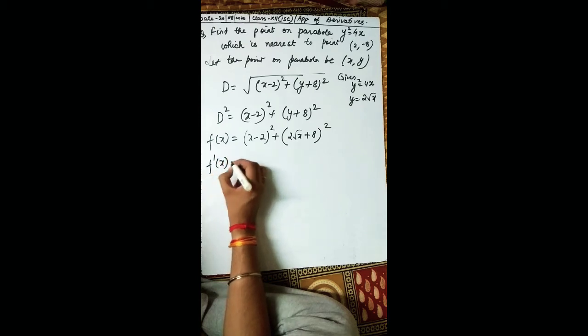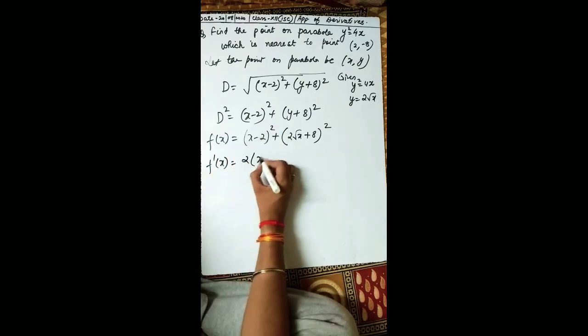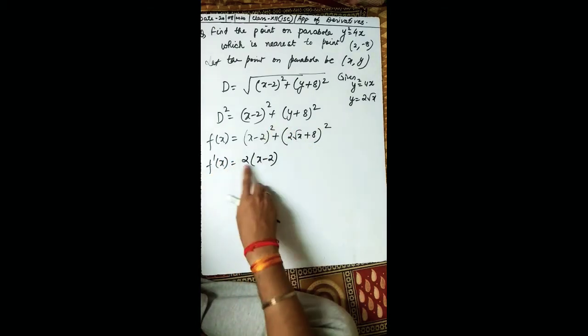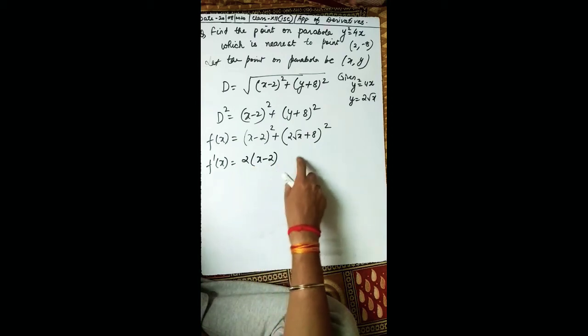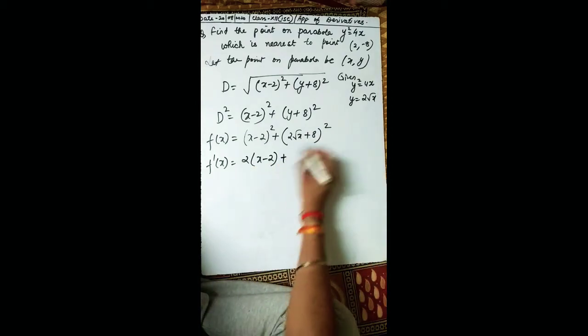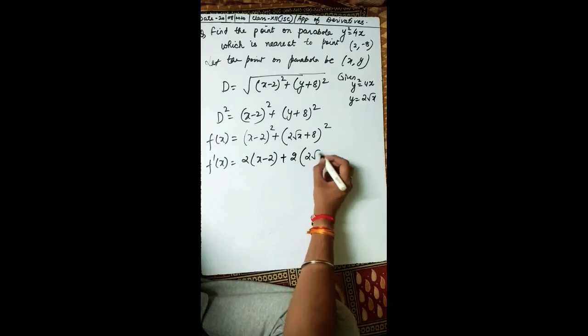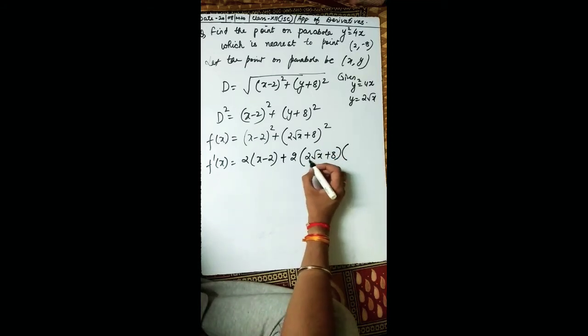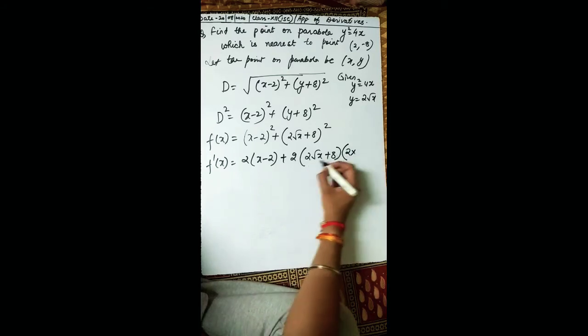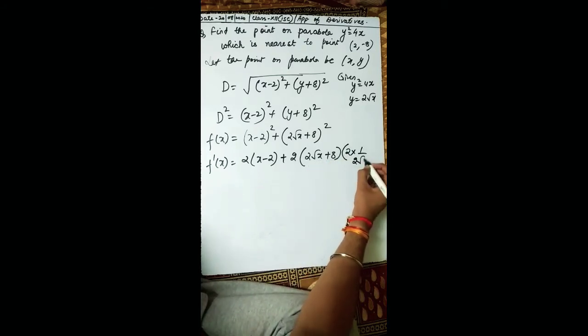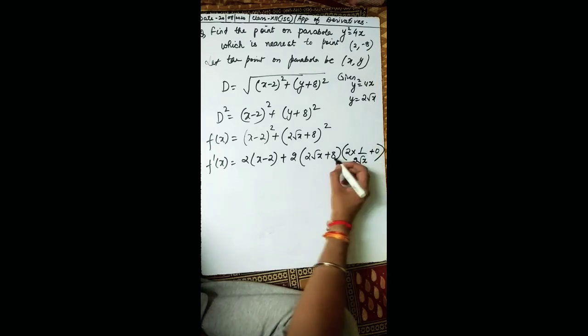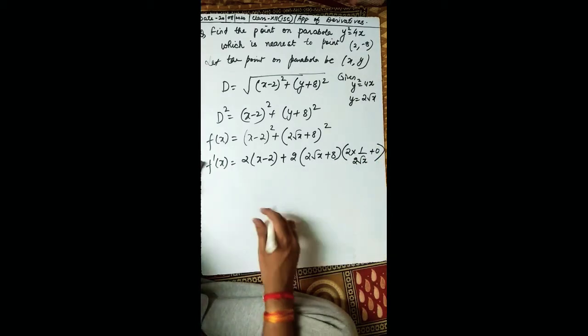On differentiating f(x), what will be the answer? 2 bracket (x minus 2) bracket 1 minus 0, plus 2 bracket (2 root x plus 8). Now the differentiation of 2 root x is 2 into 1 upon 2 root x, and plus the differentiation of 8, which is 0.